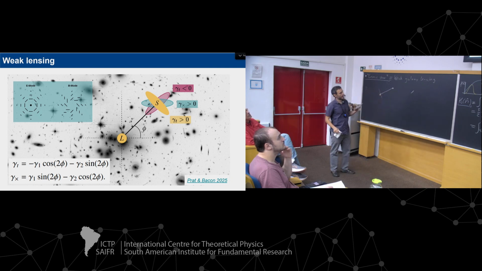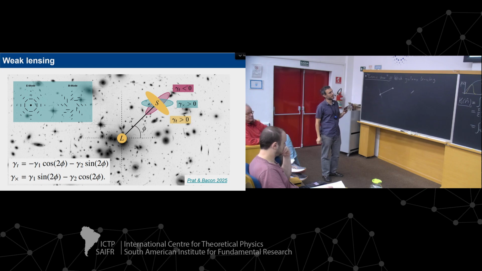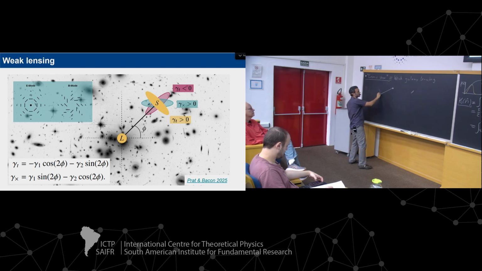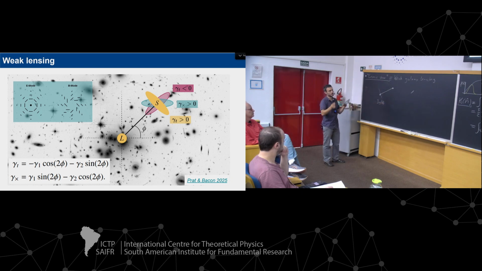If you look at many cosmic shear analyses, things will be expressed in terms of gamma t and gamma x, and what you care about is the correlations between gamma t and gamma x in two different galaxies. That gives rise to two different correlation functions, what's commonly called psi plus and psi minus. These are just the correlators of different combinations of gamma t and gamma x.